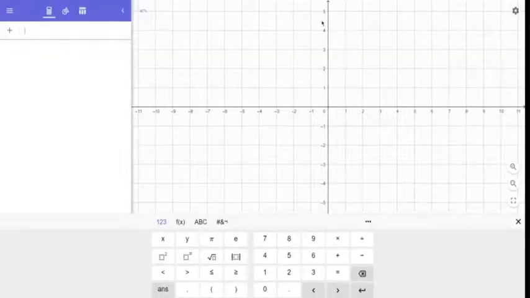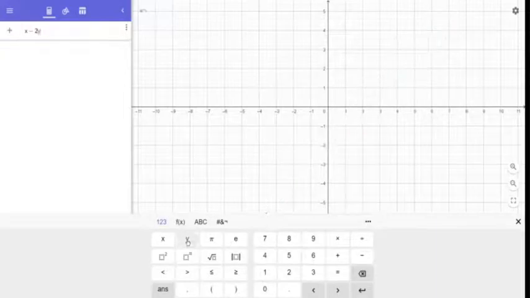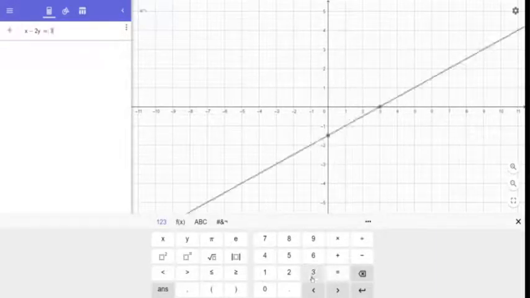Now let us see another two equations. The first equation I am going to give you is x minus 2y equal to 3. As I write x itself, it is drawing a graph through 0, 0, or through the origin. x minus 2y is equal to 3.